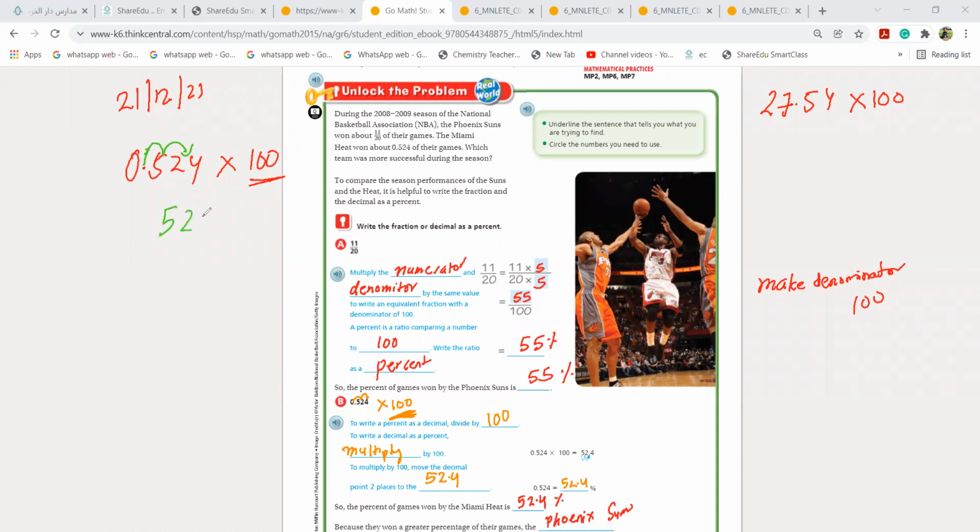So it becomes 52.4. This is how it happens when you multiply the decimal by 100 to get the percentage. The decimal point goes to the right side, not to the left side. Okay, I misunderstood.